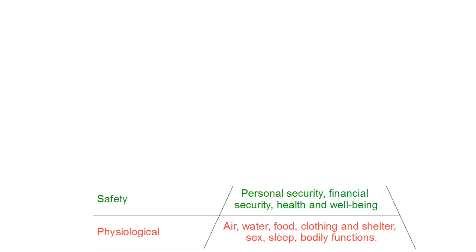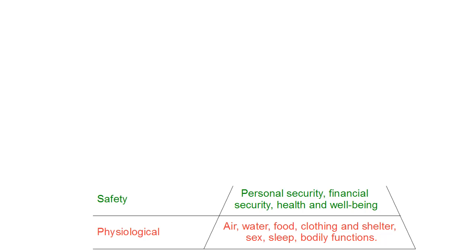The next level is the safety level. When we're talking about safety, we're talking about things like personal security, financial security, health, and well-being. It means that you want to be somewhere where you're going to be free from harm. You want to make sure that you have a well-paid job or a good source of income, either business or a pension, something so that you're not going to be worried about money all the time.